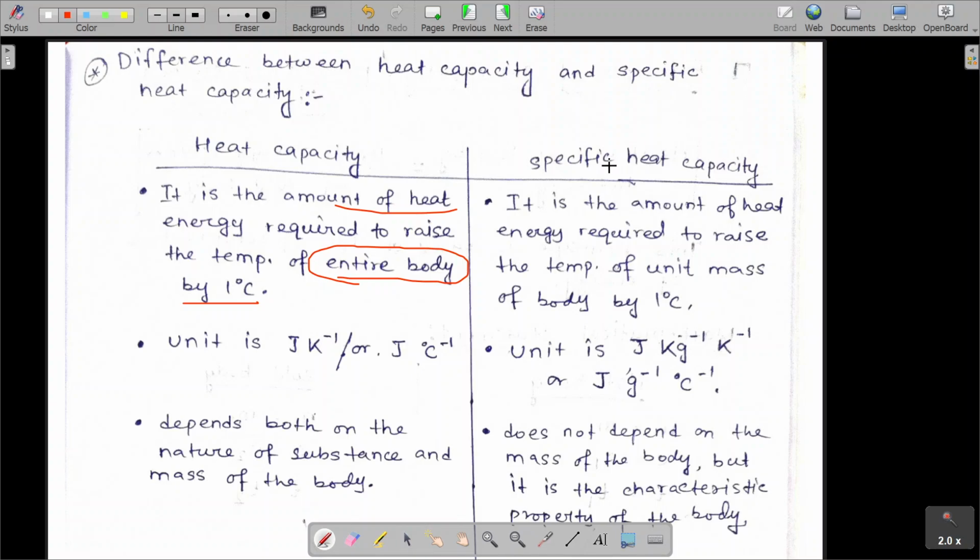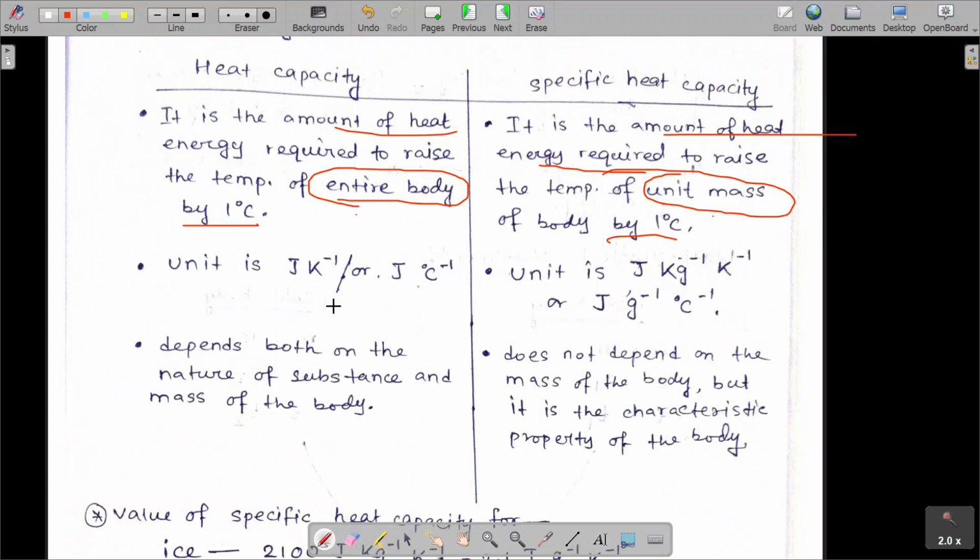In the case of specific heat capacity, it is the amount of heat energy required to raise the temperature of unit mass of the body by 1 degree Celsius. Heat capacity's SI unit is joule per Kelvin or joule per degree Celsius, and specific heat capacity's SI unit is joule per kg per Kelvin or joule per gram per degree Celsius.